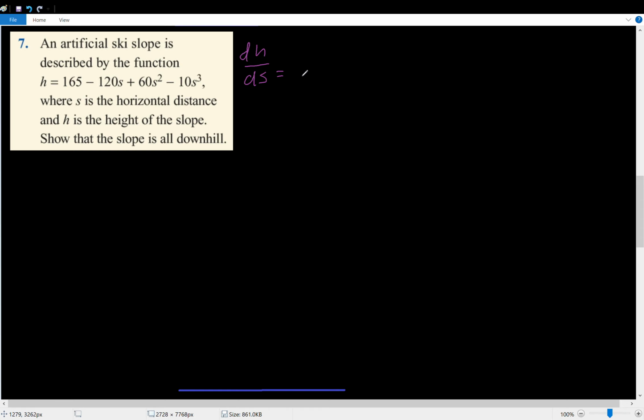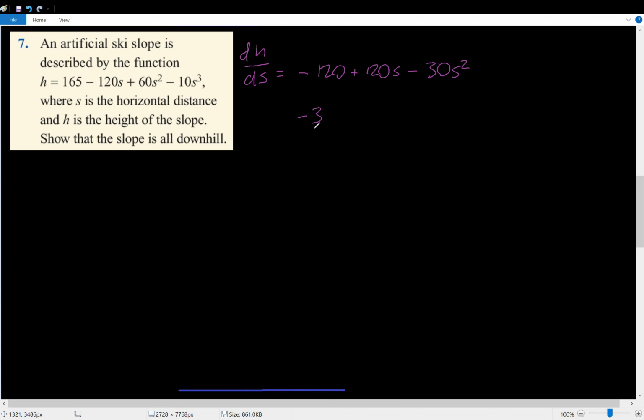And that's going to be equal to minus 120 plus 120s minus 30s squared. And we're going to rewrite that in descending powers of s to make this a little bit easier for ourselves.